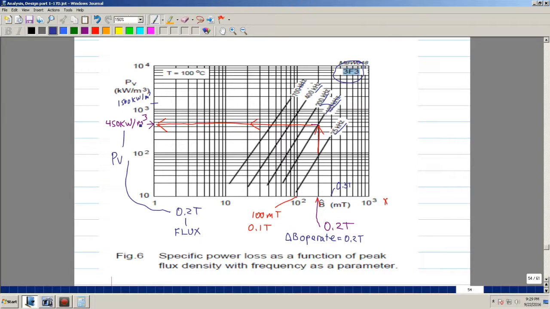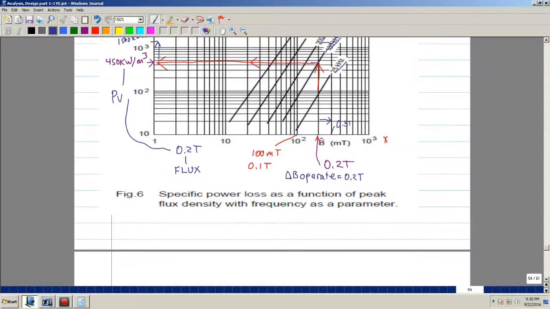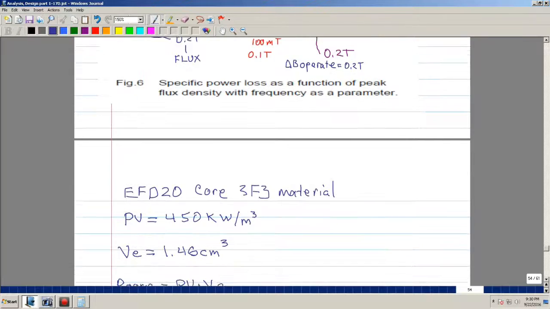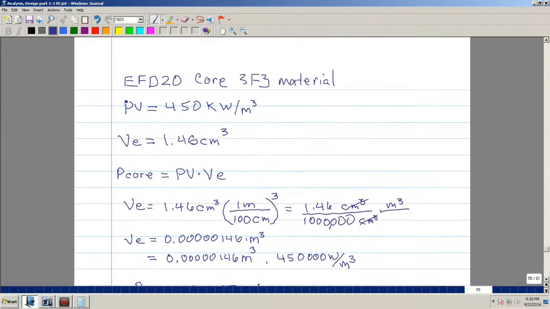So basically, you have higher power losses as you increase this. With only a 0.1 Tesla increase, you got quite a bit of power loss. So let's go ahead and calculate how much power we're going to be losing or wasting.